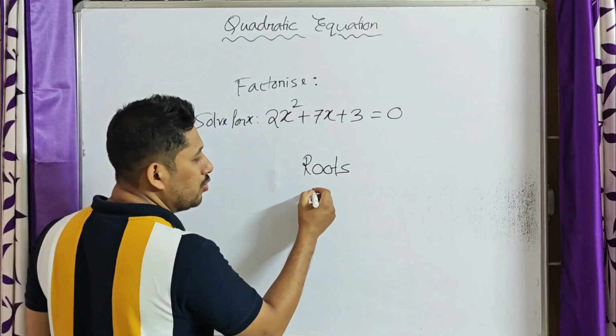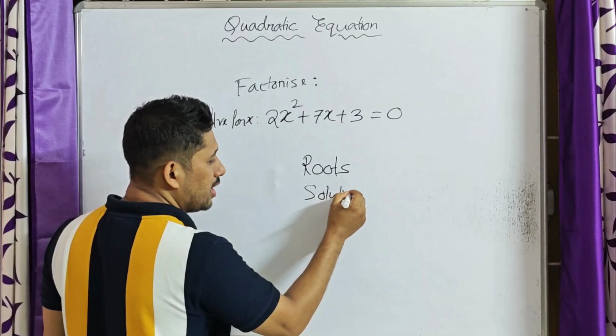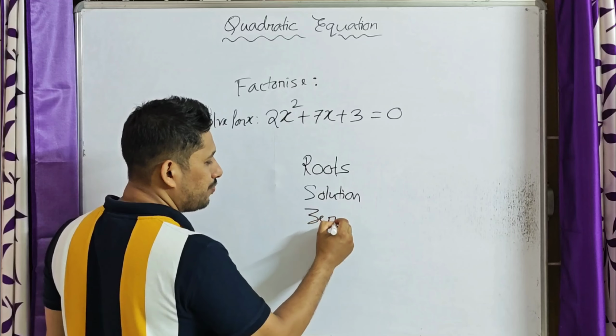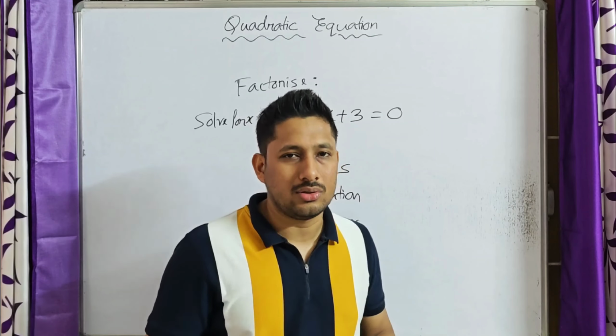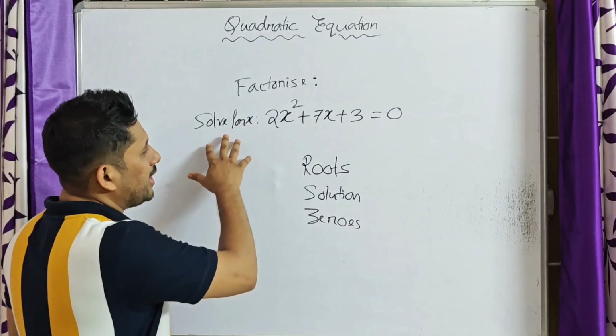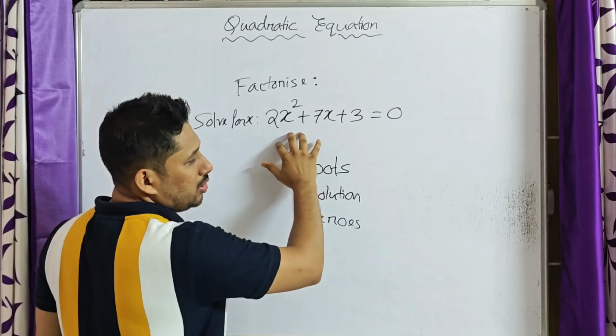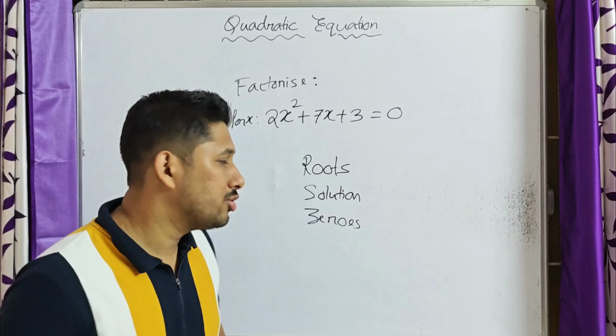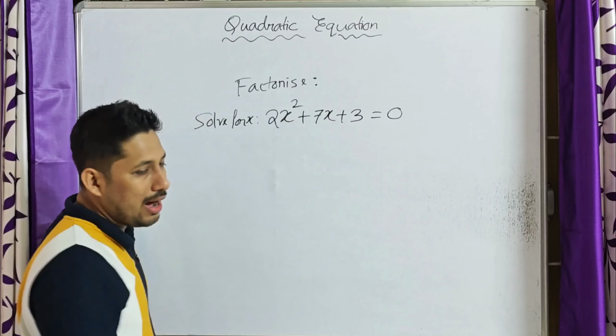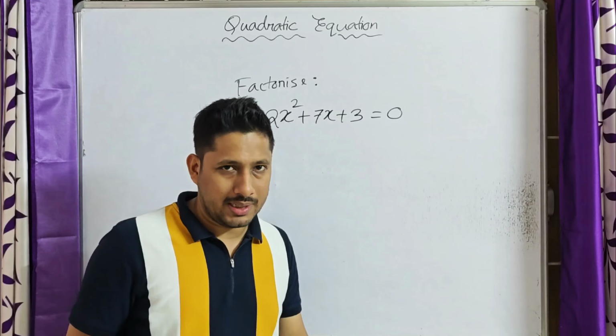So you can call them roots, you can call them solutions, you can call them zeros also. So all are synonyms, all mean the same thing. Those are answers only. So here, solve for x means you not only have to find the factors, but also have to find the answers or roots or solutions. Let me show you quickly how to factorize using middle term splitting.